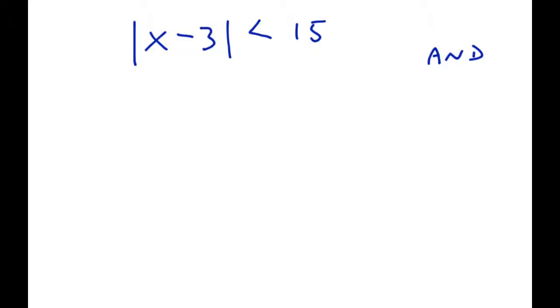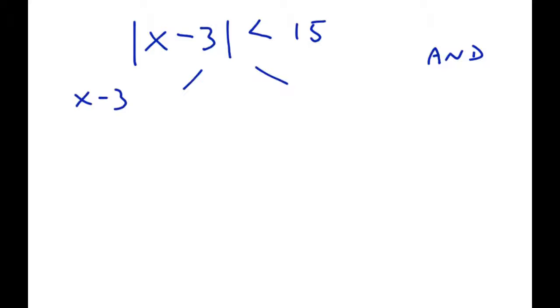Let's do the absolute value of x minus 3. Let's do it less than this time. Less than 15. I know that less than problems are and, because we said less than, our way of remembering. I'm going to break this up into two parts.